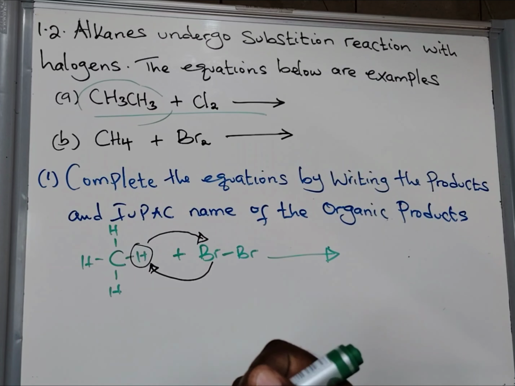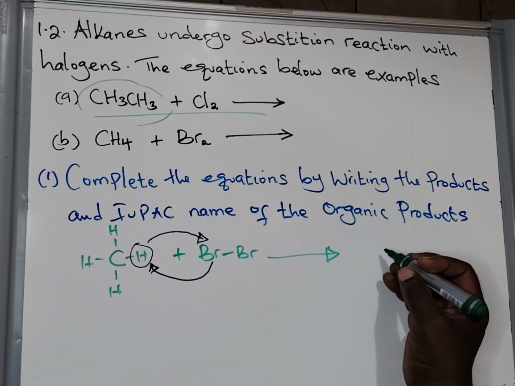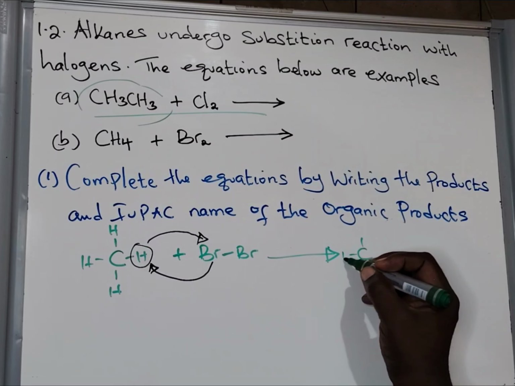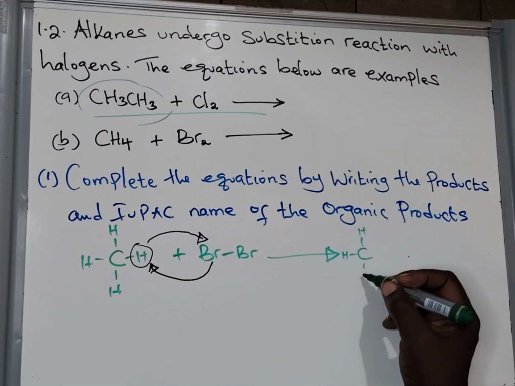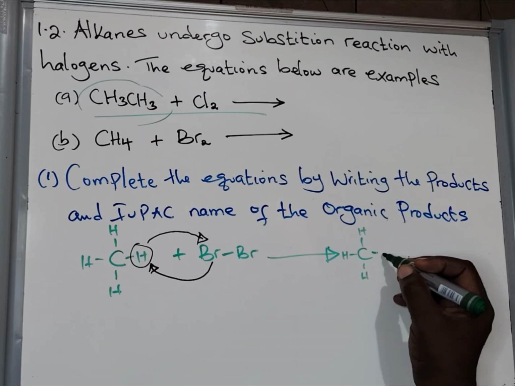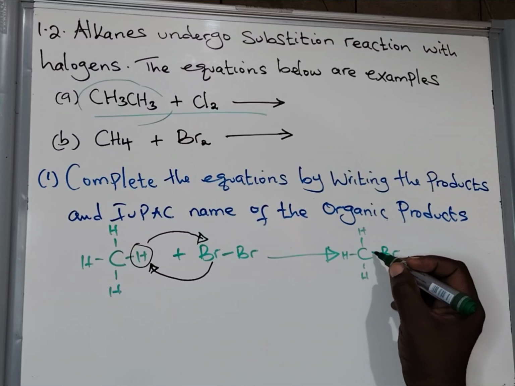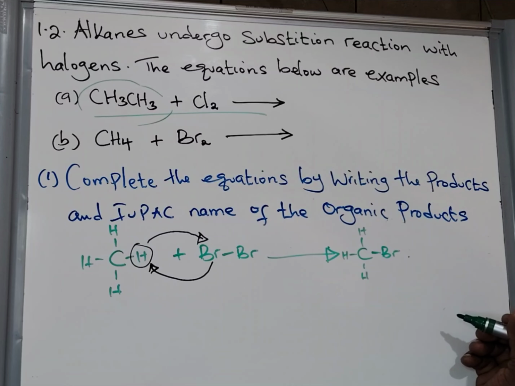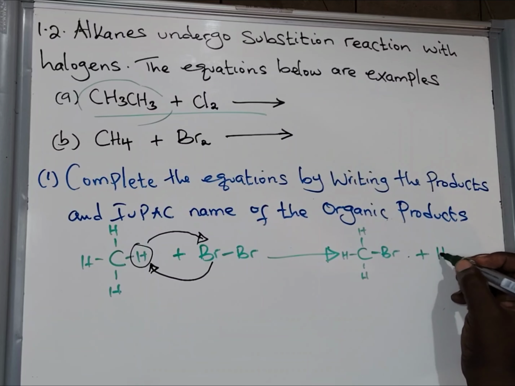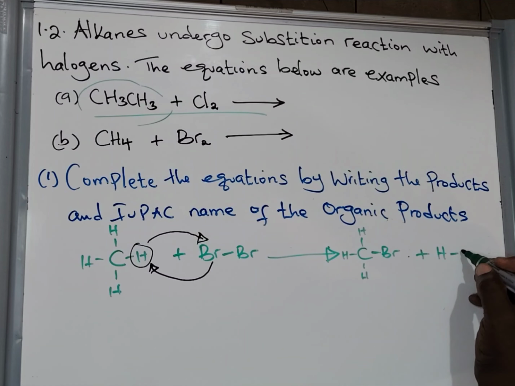And what we get after that is this. We are going to have a C with its hydrogens like that. But we have to remember that this position has been taken up by the bromine atom. And another product is going to be H linked to a bromine atom.